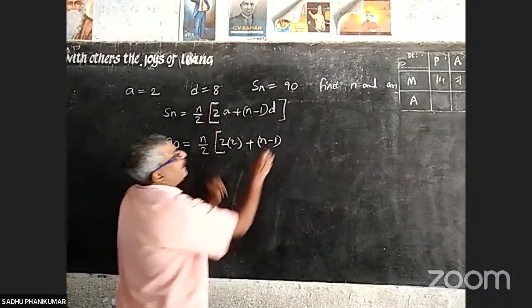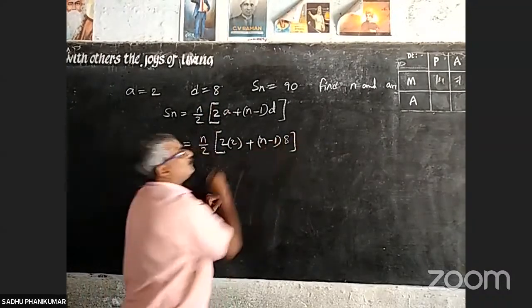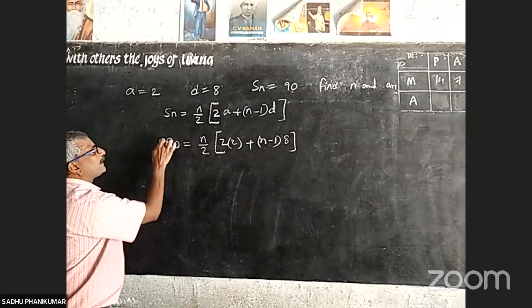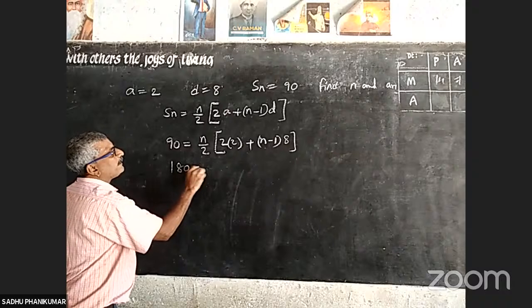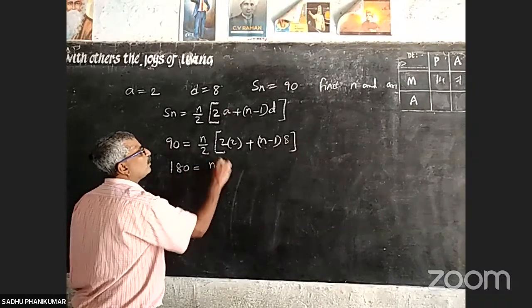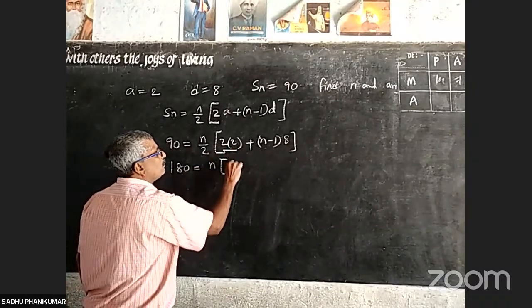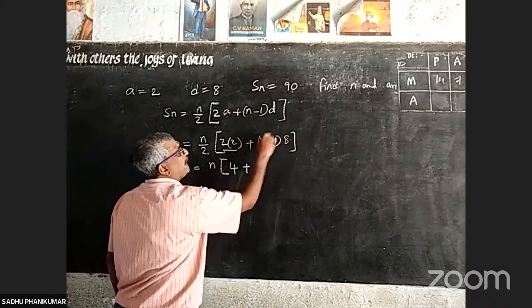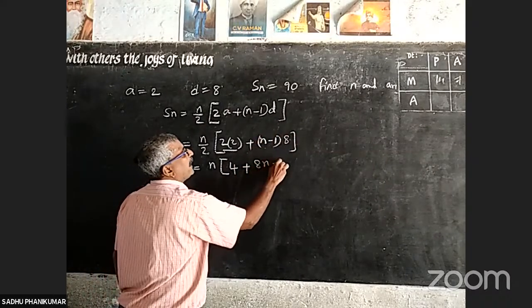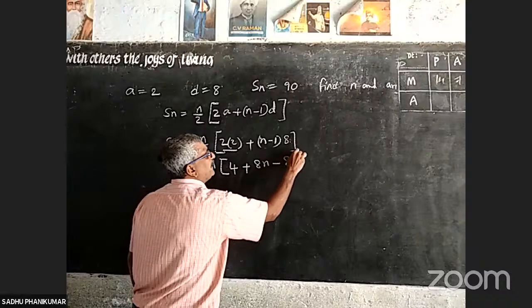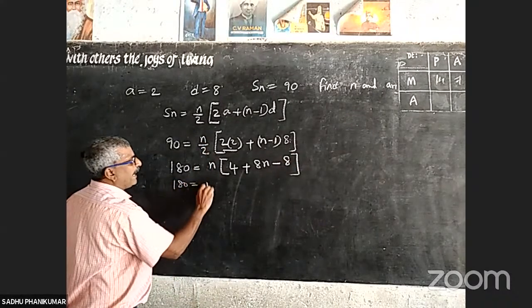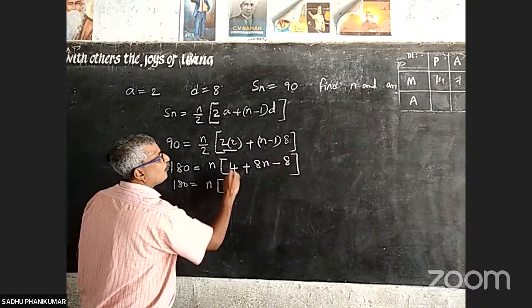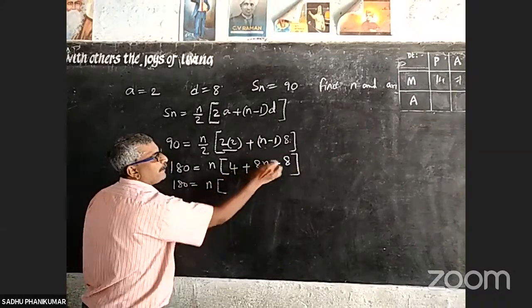The value of d is 8. That 2 goes to this side: 2 nines are 180 is equal to n into 4 plus 8n minus 8.